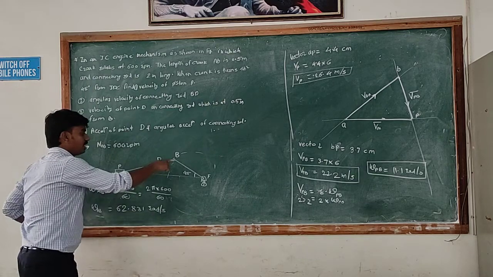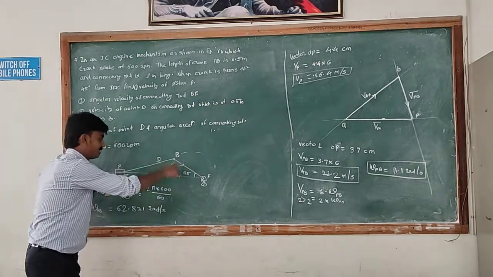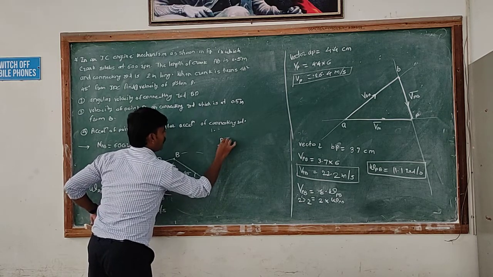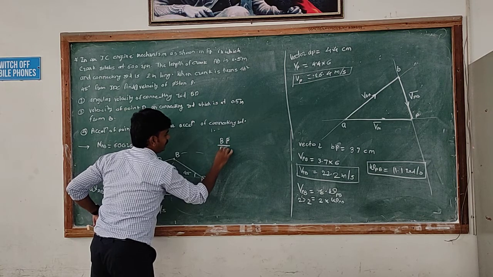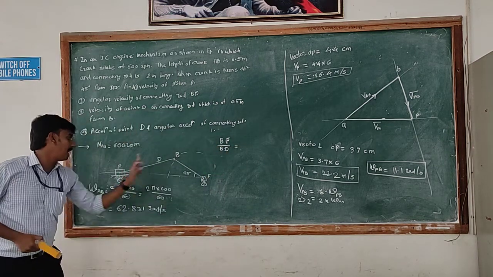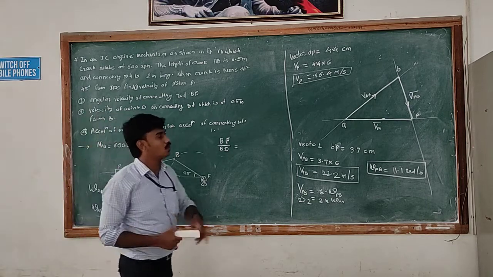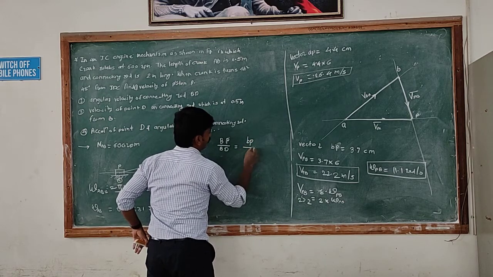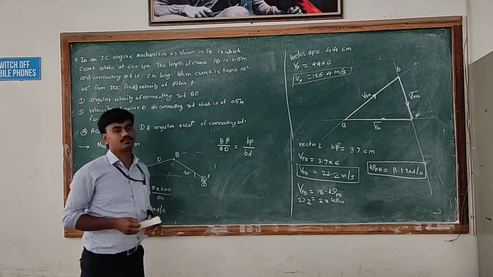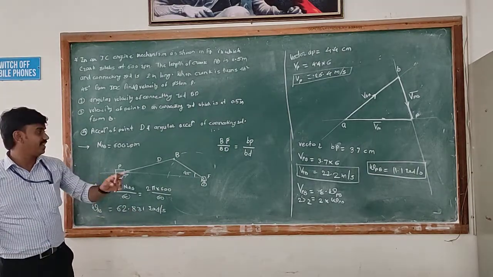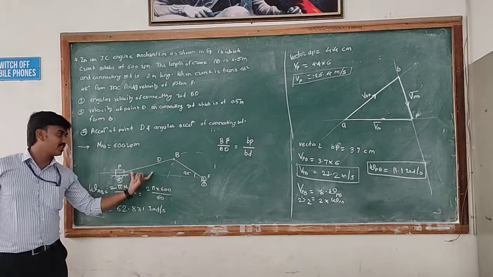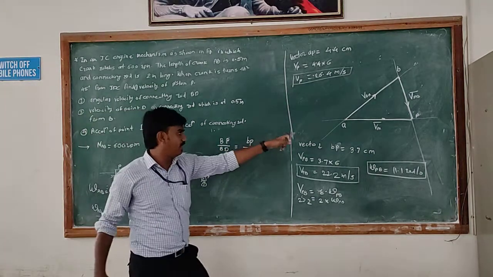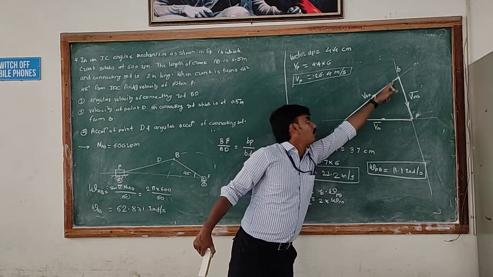If we consider this configuration diagram and take the ratio of BP upon BD, it will be equal to the ratio of vector BP upon vector BD in the velocity diagram.